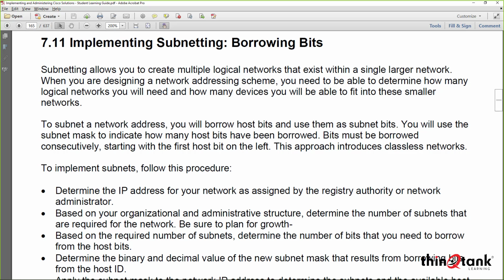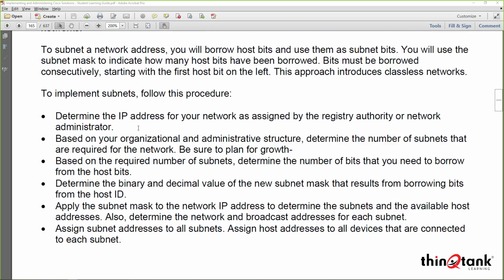It's kind of like putting these dividers up in the room makes the room smaller, but it gives us more individual rooms. And that's basically what we do with subnetting. We mathematically modify the subnet mask, or at least change the makeup of the subnet mask to what we call borrowing bits to create those subnets.